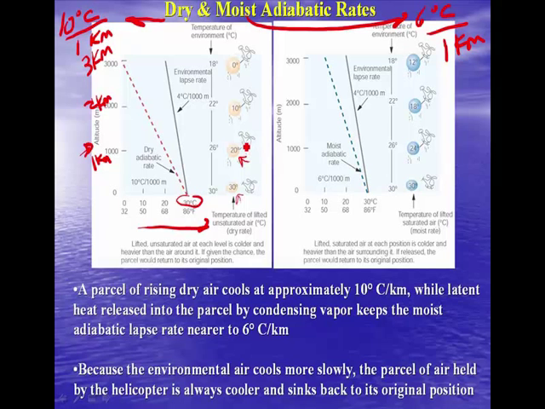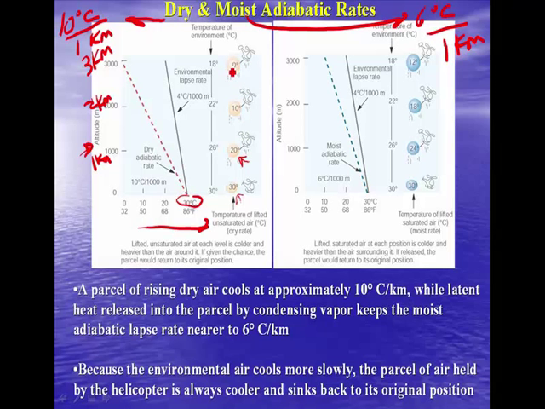So now it's 20. It goes up 1 more kilometer, and so it decreases to 10 degrees. Notice the size of the parcel is getting larger. The density of the atmosphere around it's getting less, and so the parcel is expending its energy. It's using energy to make itself larger. And if it goes up to 3 kilometers, it changes down to 0.